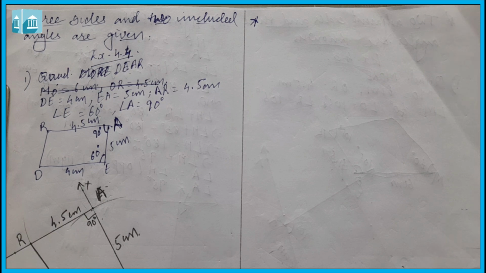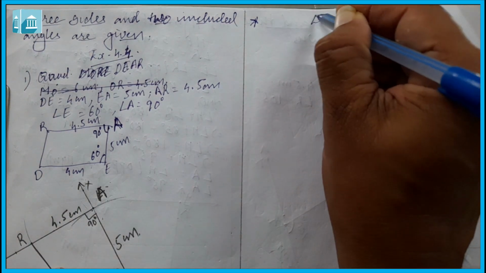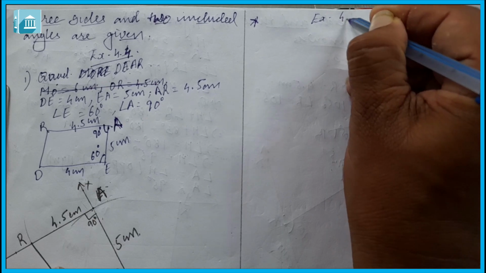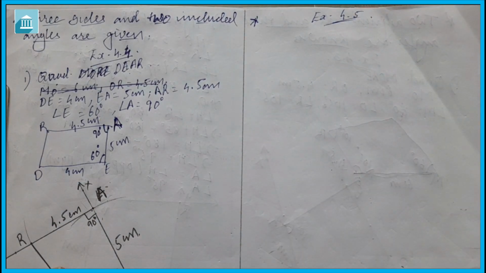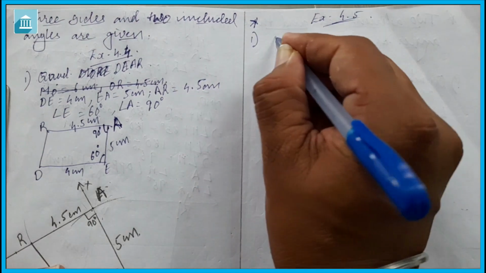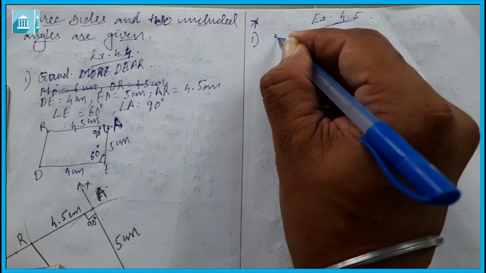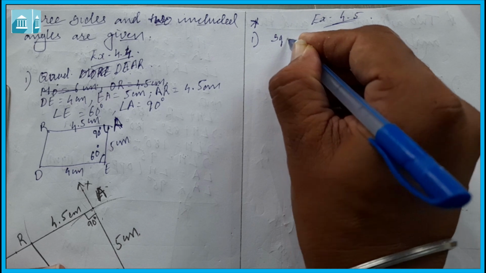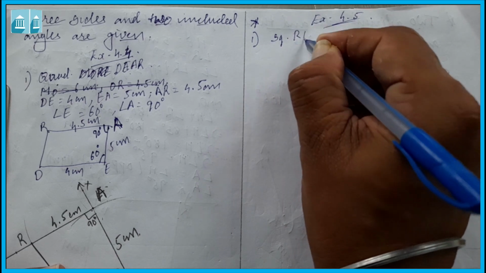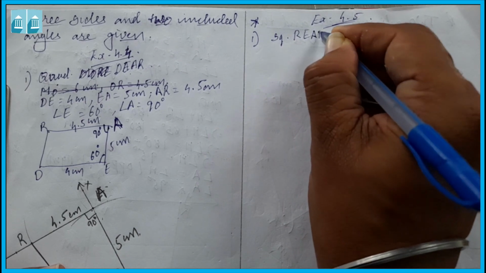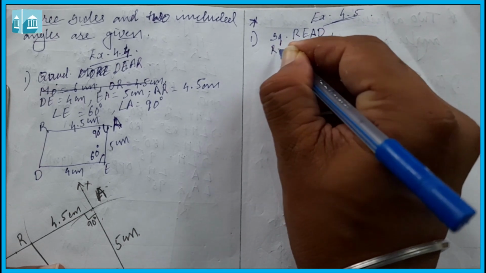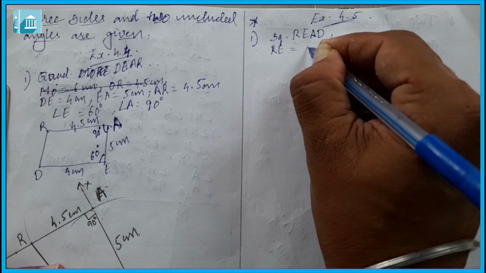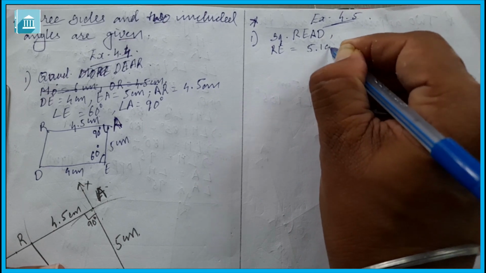For example, let us see exercise 4.5. Here in the first one it is given that a square READ, with RE equal to 5.1 centimeter.